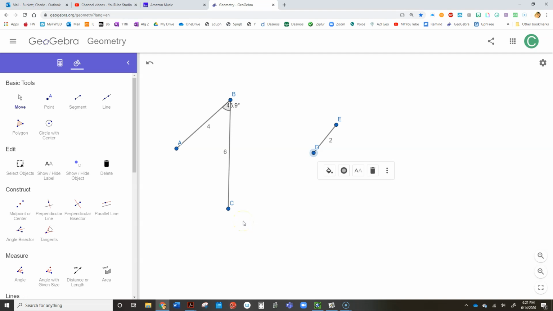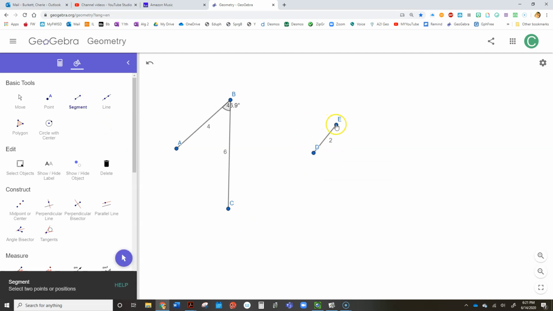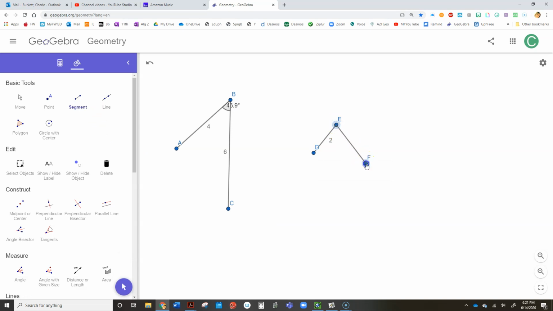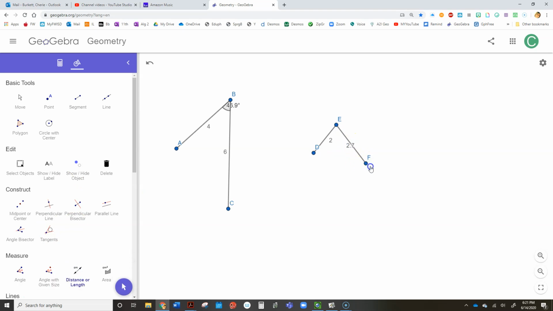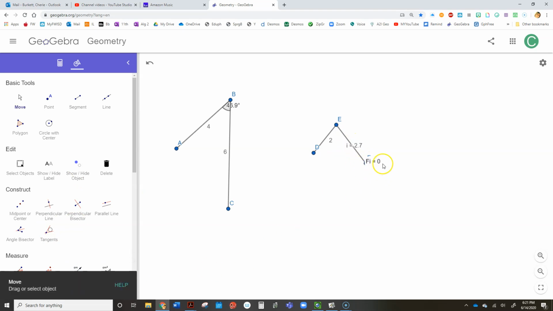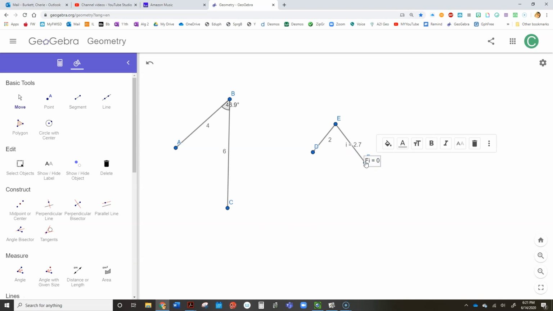And EF, need another segment. EF needs to be 3. And let's measure it. So we need it to be a little bit, ooh, I don't know what that is.